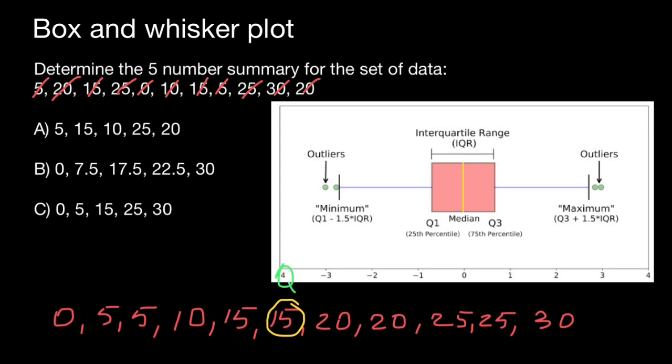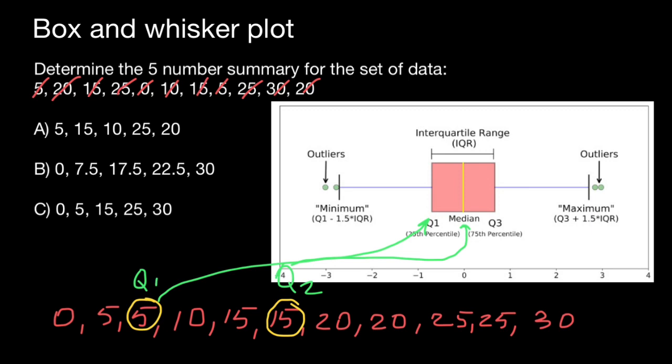So let's put quartile 2 here, which is going to be this line in the middle, the median. Now let's find the median of the lower half, and as you see, this is going to be 5. This 5 stands for quartile 1.